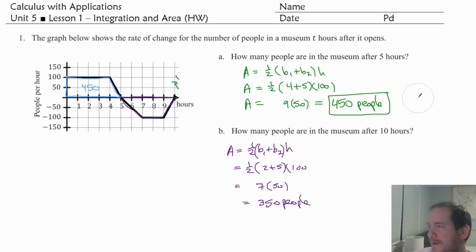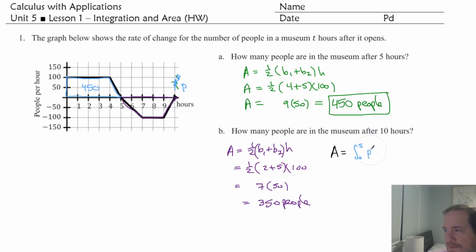But really the final answer would be that our area is the light blue bit that's above the x-axis. It's going to be the value of our integral from 0 to 5. And what are we naming this function? P, I guess. P makes more sense than to call it P prime, even though it's a derivative.